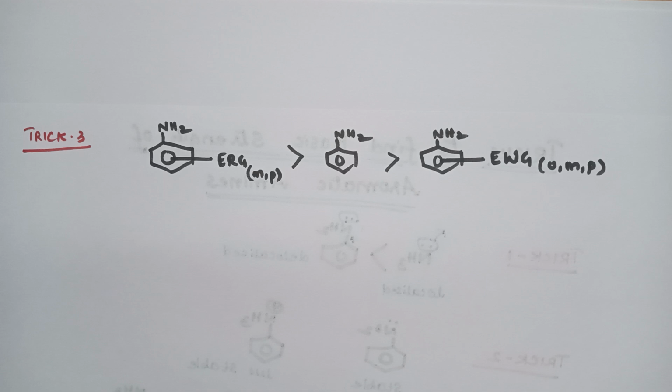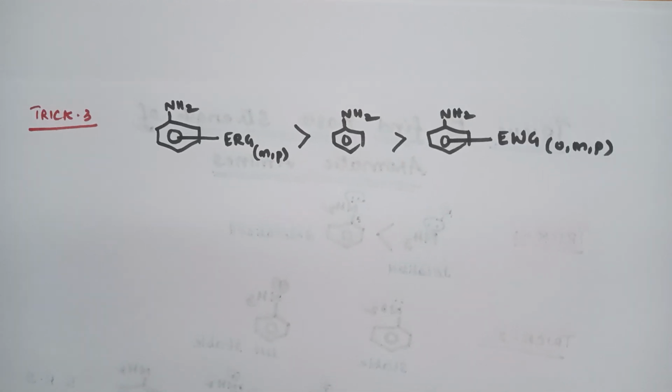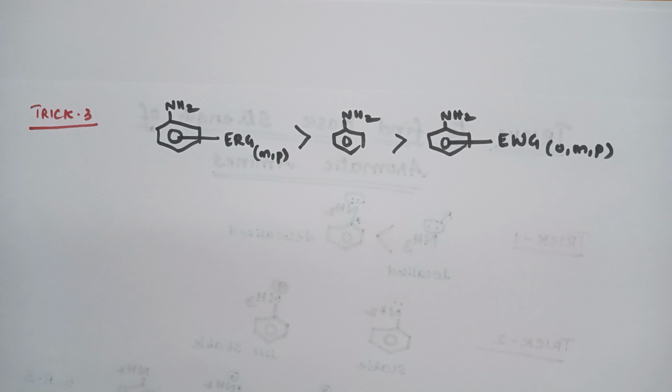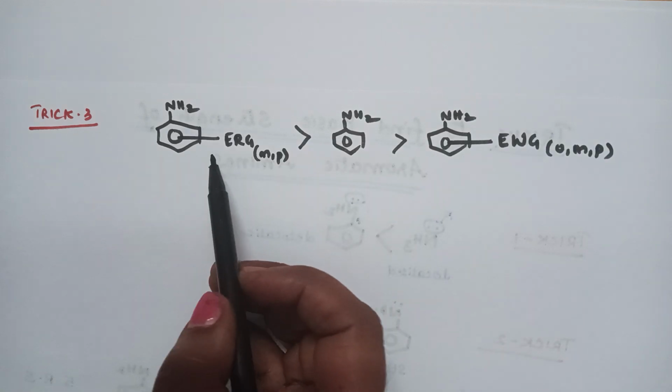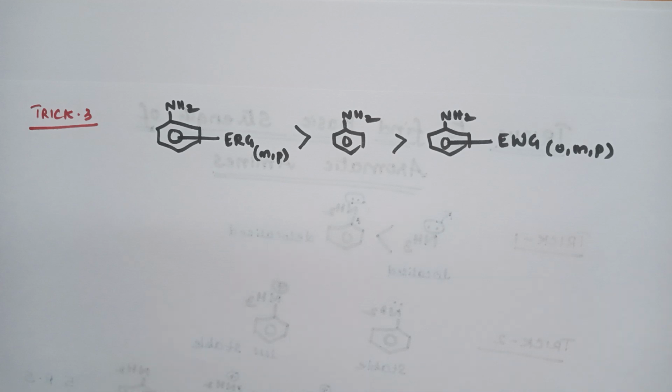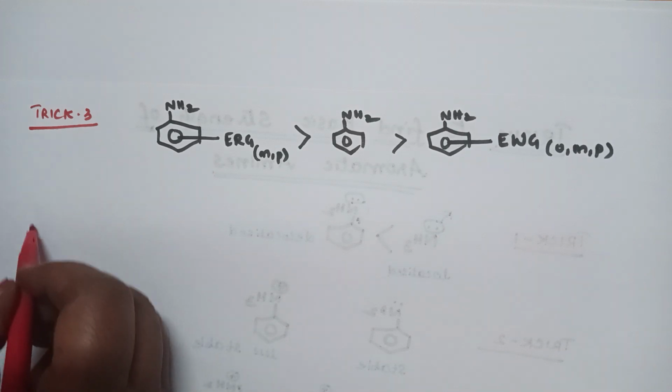So this is trick number 3. When we take examples, we will understand why the order is like this. Next is trick number 4.